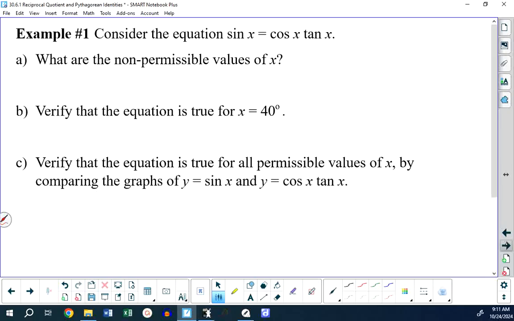All right. Let's get into some trig now. Consider this equation, sine of x equals cos of x times tan of x. What are the non-permissible values of x?